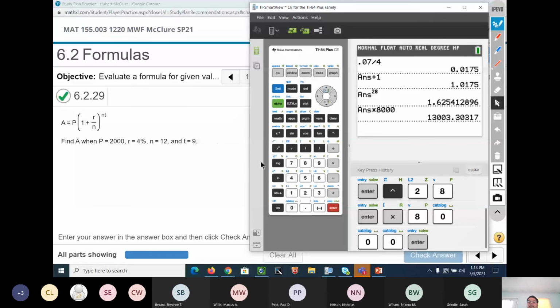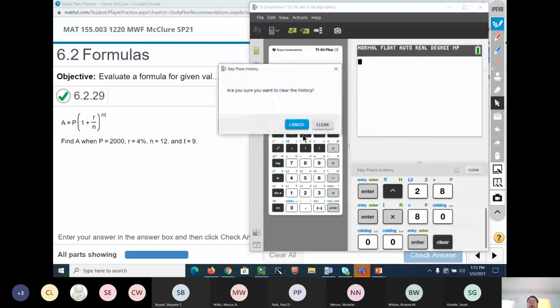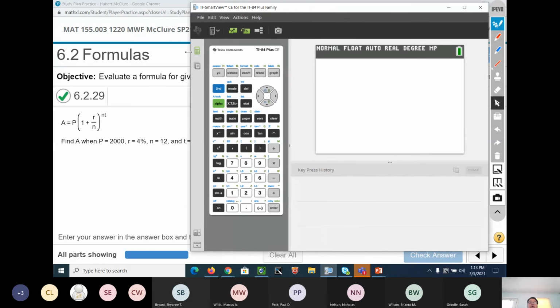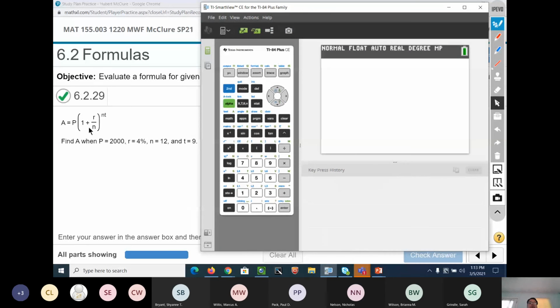I'm going to clear it. I'm going to clear the keyboard. I'm going to make it a little bit bigger so y'all can see. All right. So I'm going to do the inside first. So that's going to be 0.04 divided by 12. This is compounded monthly. So 0.04 divided by 12.